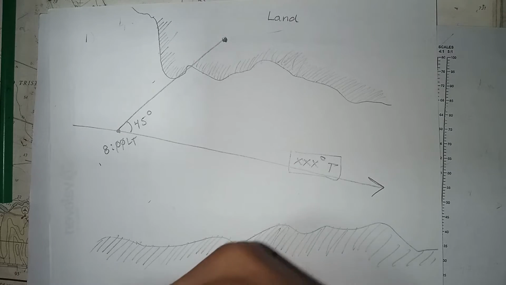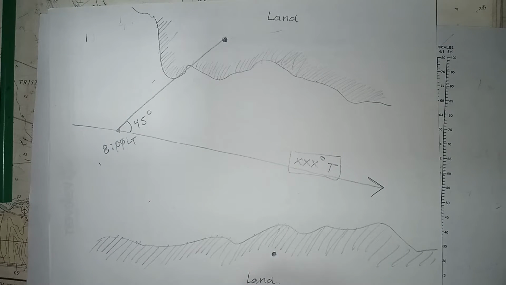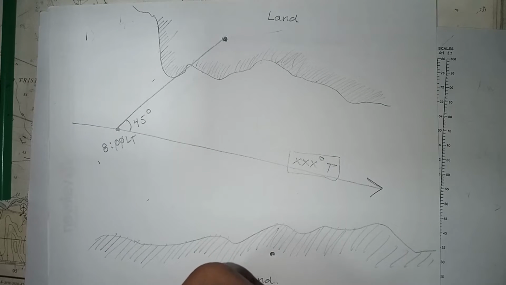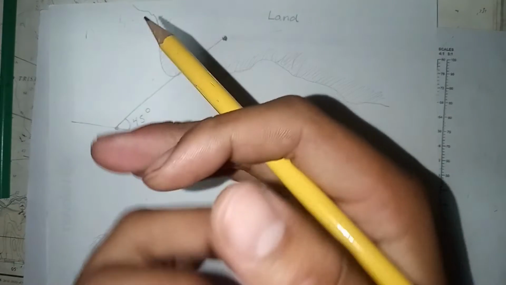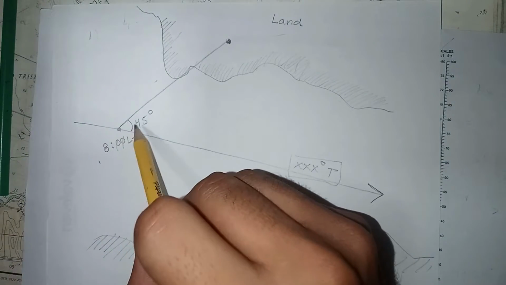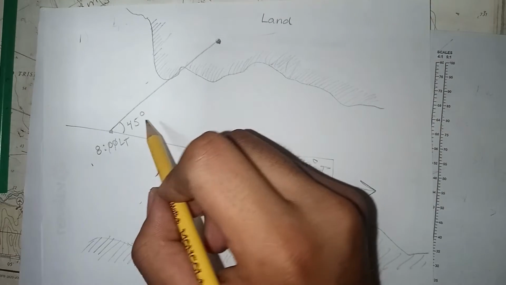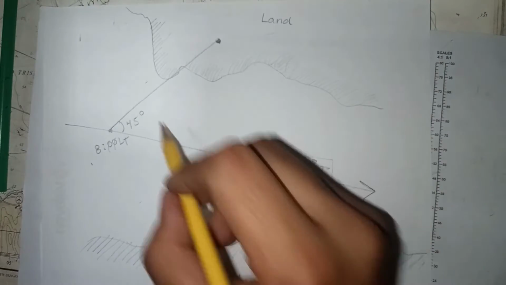And we have two cases. If we see the target at port side, we have got to subtract 45 degrees from the heading. On the other hand, if we see the target at starboard side, we have got to add 45 degrees to the course.